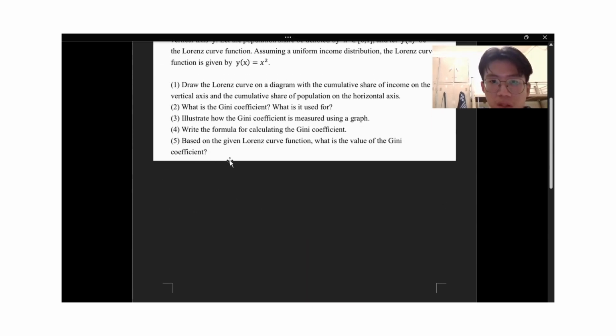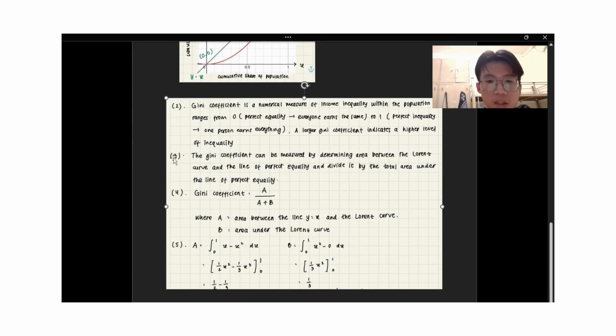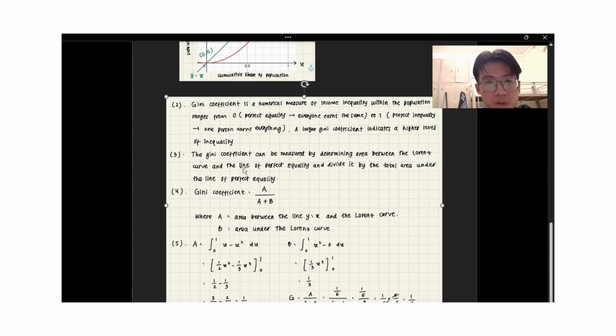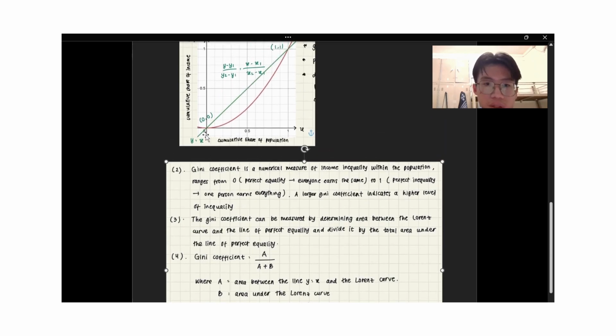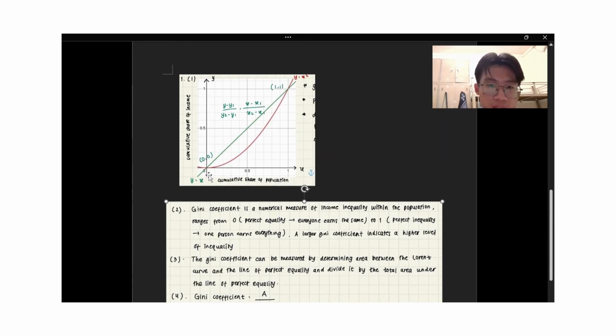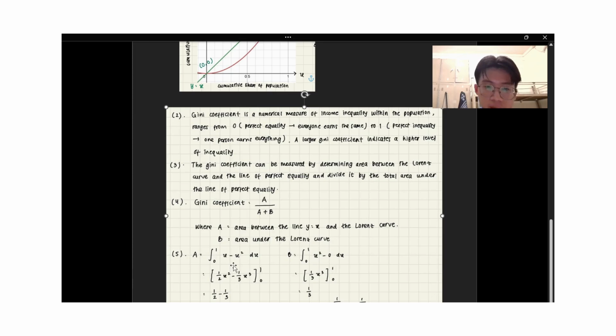Based on the given Lorentz curve function, what is the value of the Gini coefficient? As we have the pattern here, we can directly calculate it. The area is equal to the integral from 0 to 1. Why 0 to 1? Because previously we said the range of the vertical axis is 0 to 1 and the horizontal axis is also 0 to 1.